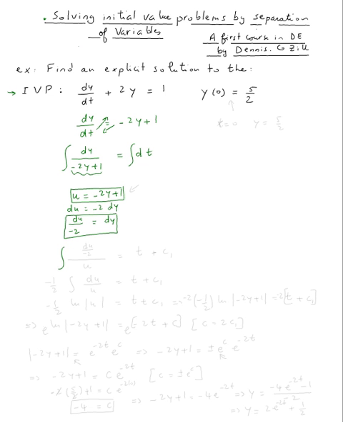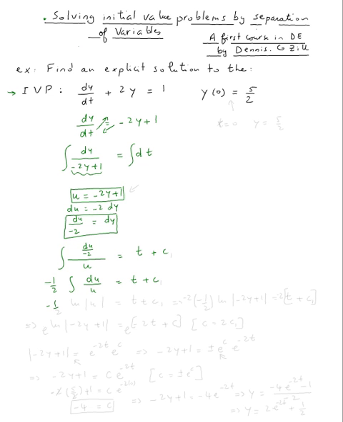So you plug this in for dy and this for the u. The left side will be du over negative 2, and the bottom is a u. Integral of dt is just t, plus a constant. So that would be negative 1/2 integral of du over u.